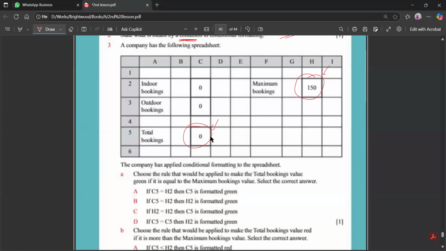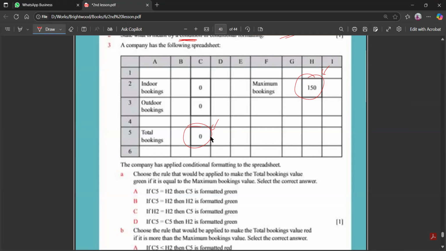So when you are formatting, it should be green when C5 and H2 are equal. Always it should be equal.